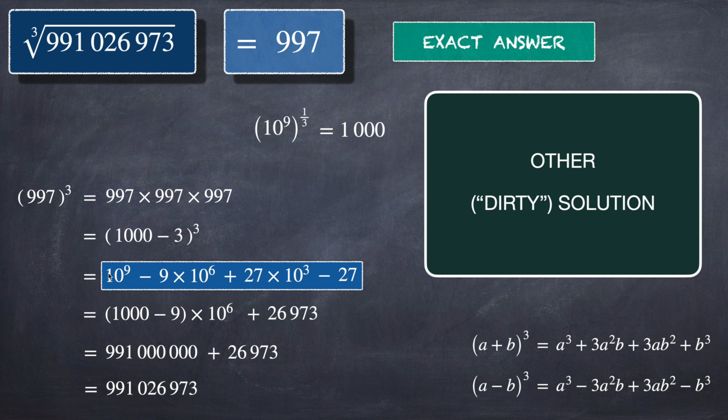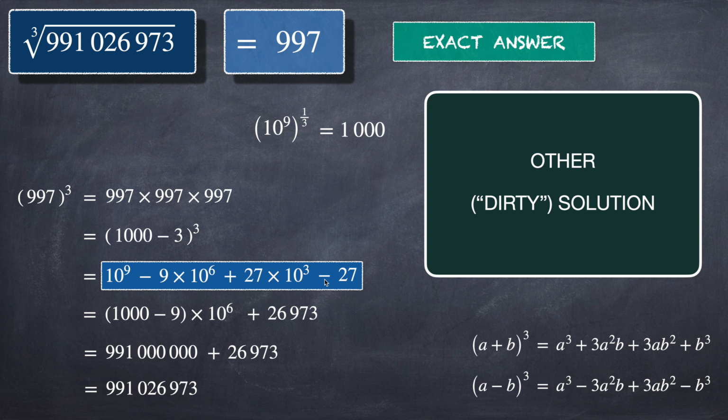And now you just wrote this number in a form which is similar to this form here for the cube of the difference. A cubed subtracted by this number plus this other number subtracted by the cube of 3. So this is the cube of 1,000 and the cube of 3.